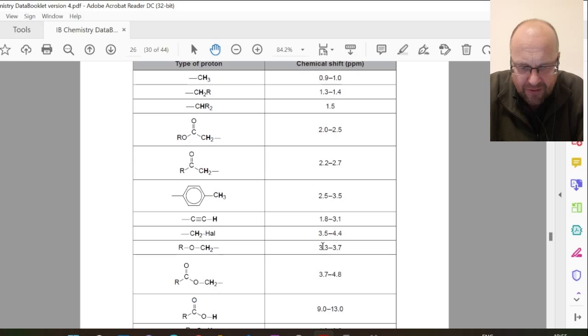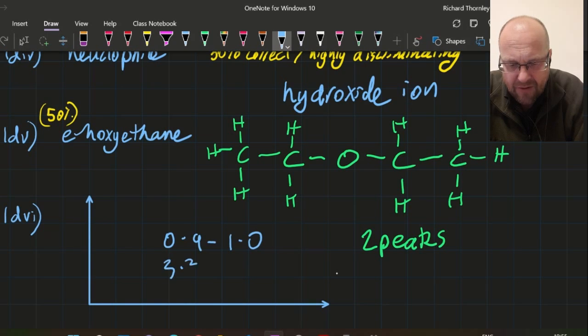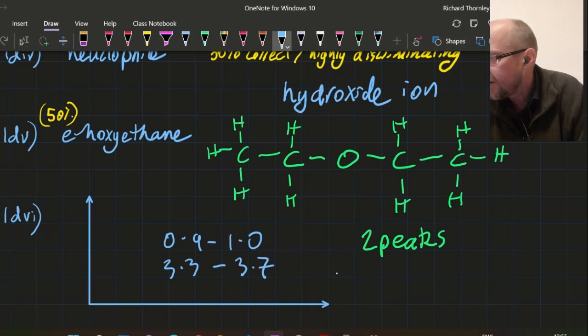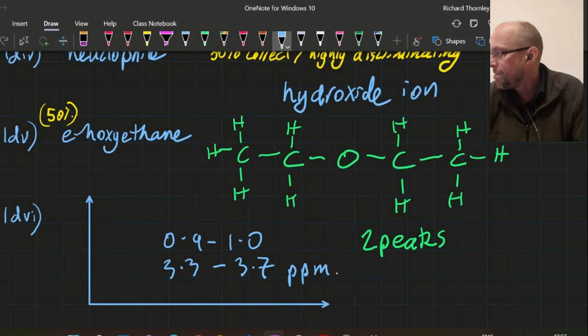So 3.3 to 3.7. So those are the 2 peaks. I've got one between 0.9 and 1.0, and another between 3.3 and 3.7. Is that right? Yeah, you need both of them to get the points. And I forgot the units, but this time the IB forgave me, ppm.